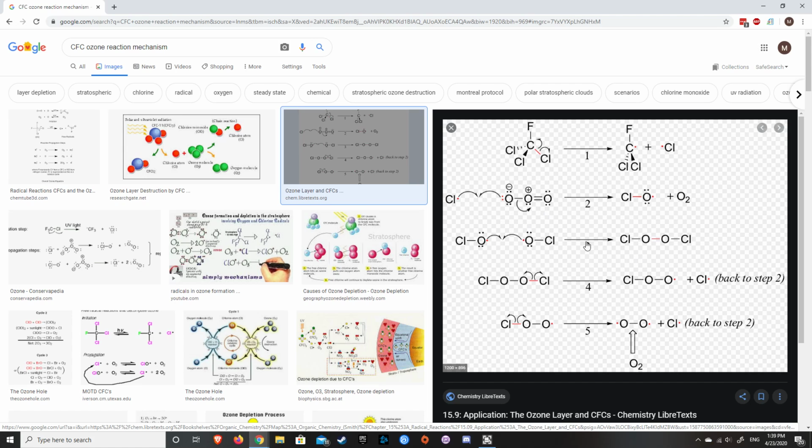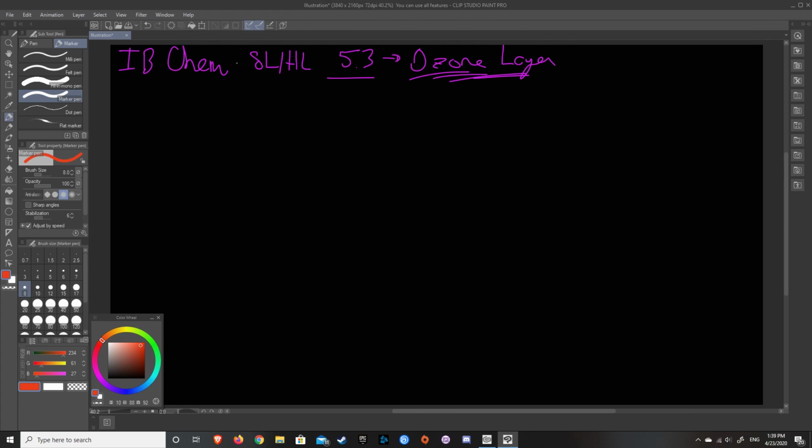So chlorine radicals get regenerated every single time, and the cycle doesn't end. That's why it just acts as a catalyst. So that's the most important part.